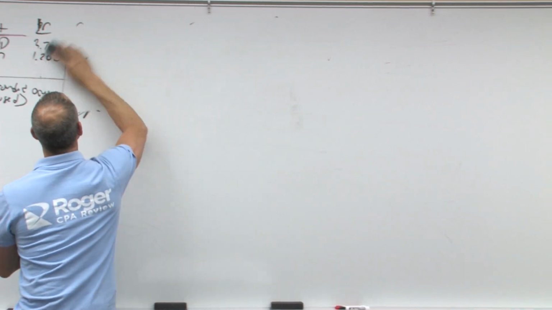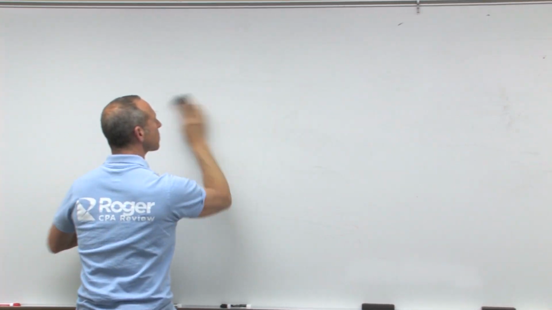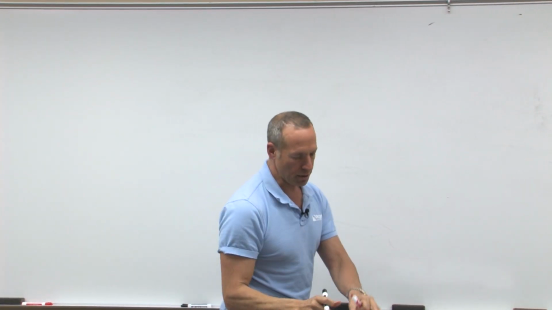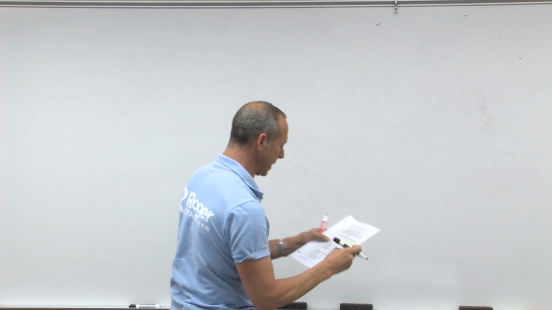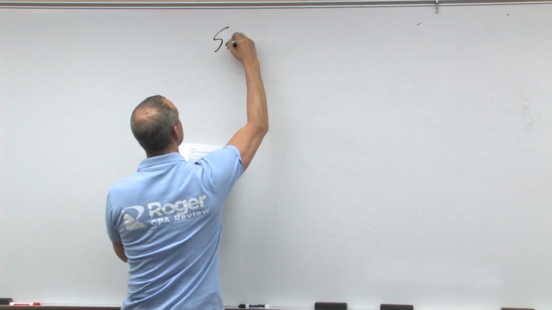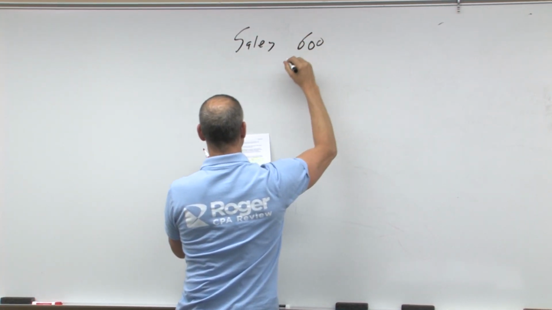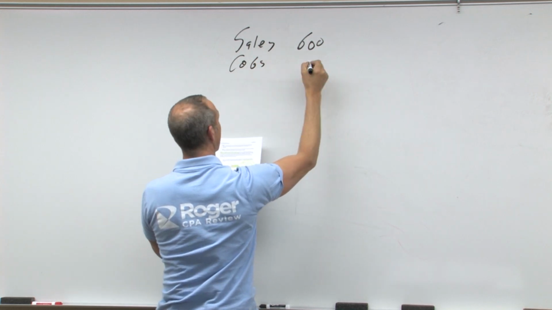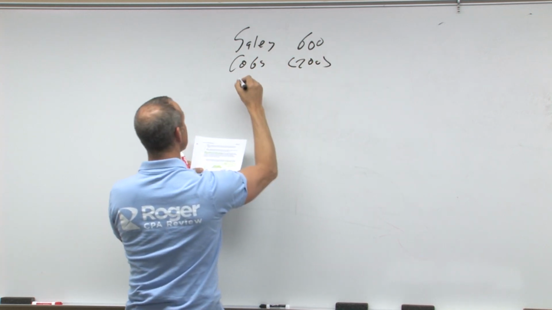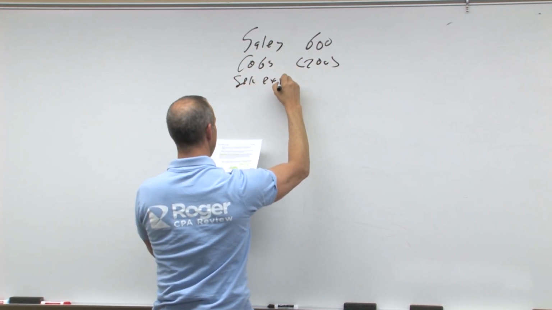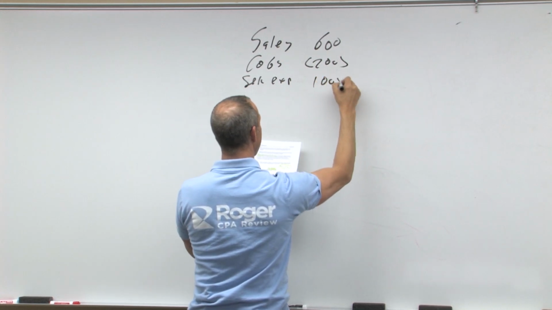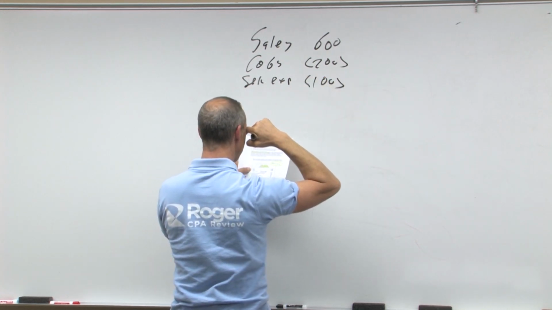And we will set this up. Okay, so let's start out here with my Roger Co. income statement. I've got sales of 600. I've got costs of goods sold of 200. I have selling expense of 100, and it mentions there it includes bad debt of 20.